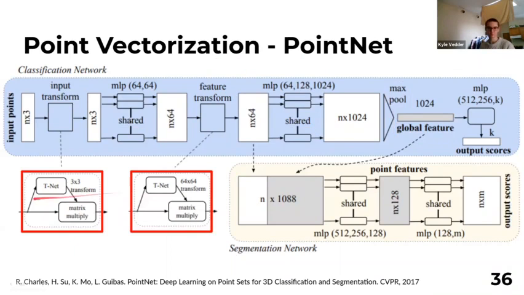So I mentioned TNets briefly. The purpose of these things was to try to take your input representation and rotate it into some canonical form that would be easier to solve, right? If you remember the original pictures, they were like cups or other things rotated. So these are actually very large networks trying to regress a rotation and translation matrix in order to try to normalize these things.